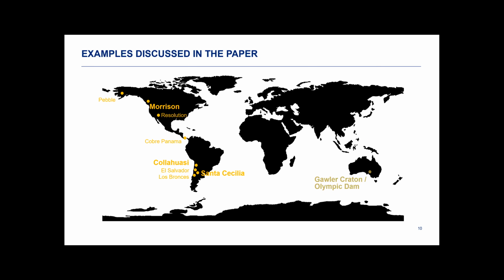So the Gawler, Santa Cecilia, Collahuasi, and Morrison are the porphyries. Kansanshi and Frontier are Sedex copper deposits in Zambia. MacArthur River is the uranium one, and there are actually two examples in the paper from there.